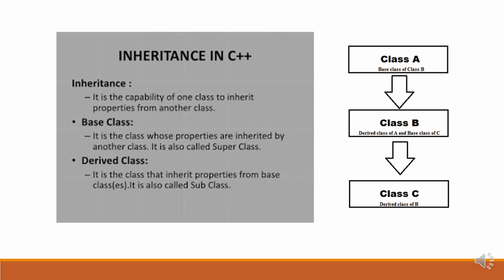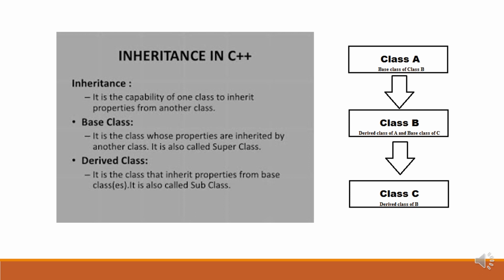You are acquiring the properties of your parents and your ancestors. The same concept of inheritance can also be implemented in the context of programming. The advantage of inheritance is that it enables code reusability.